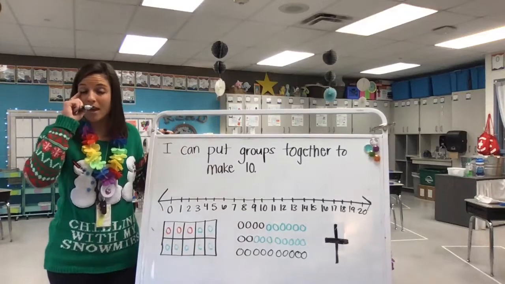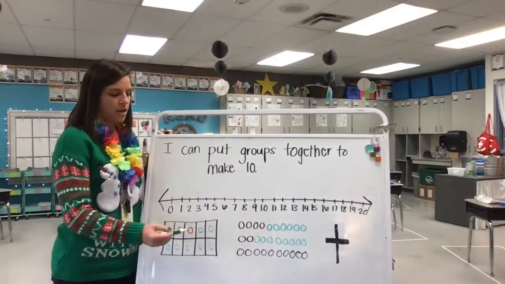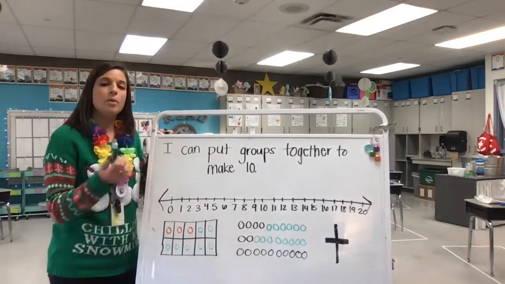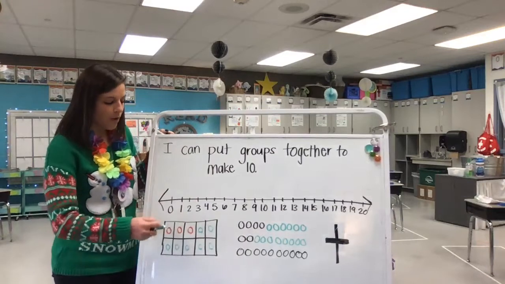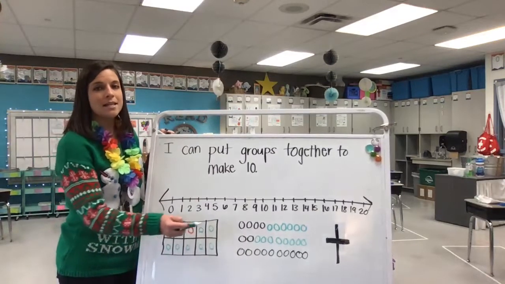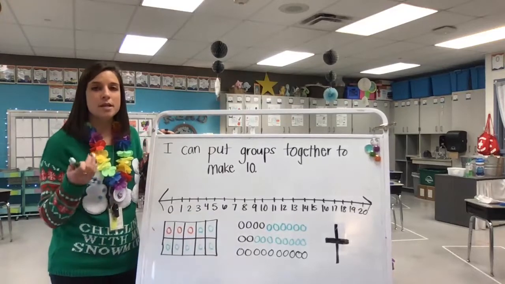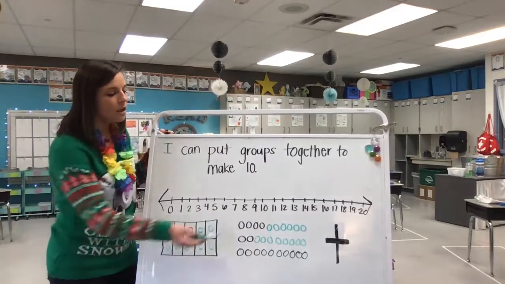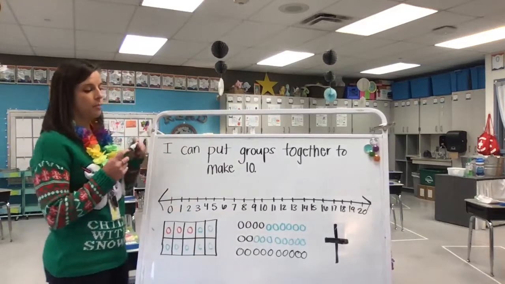So if I want to make the number 10 all together, I can have a group of 3 and a group of 7. When I put those two groups together, I make 10. So for example, if I have 3 gingerbread men and 7 candy canes, that means I have 10 treats all together. Over here, I've drawn a few examples of other ways to make 10 that we've talked about before.